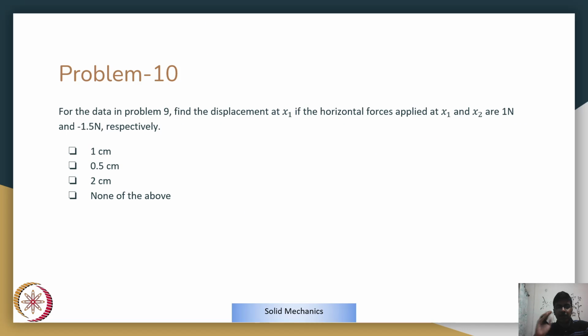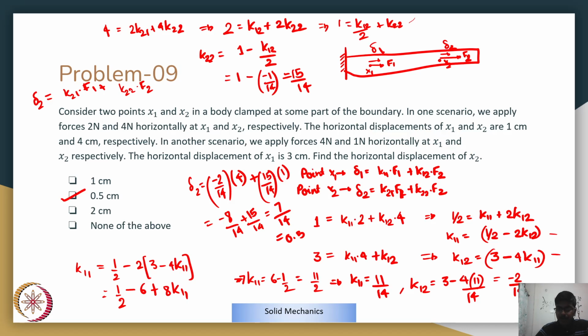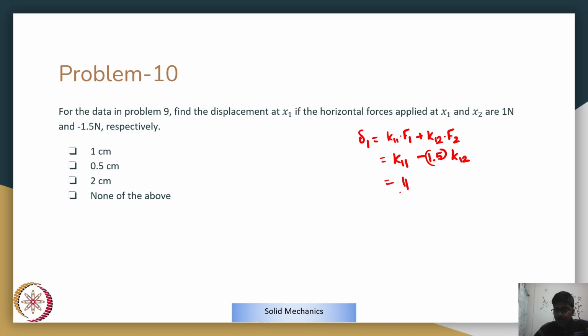Problem number 10. For the data in problem 9, find the displacement of x1 if horizontal forces are 1 Newton and minus 1.5 Newton. So delta 1 is nothing but k11 f1 plus k12 f2. In this case, f1 is 1, so it's k11 minus 1.5 k12. What is k11? K11 is 11 by 14 minus 1.5 times, what is k12?